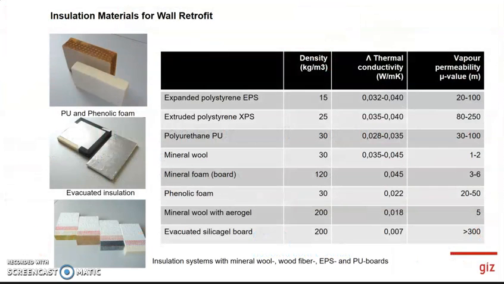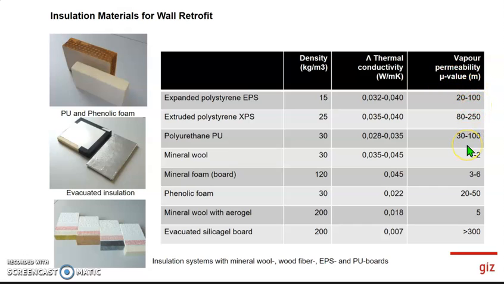Insulation it is. So insulation materials for wall retrofitting. We have several different kinds of materials available. Here, for example, you can see the density. Then you can see the thermal conductivity, which we already discussed. And then we did not discuss the vapor and the Q value.